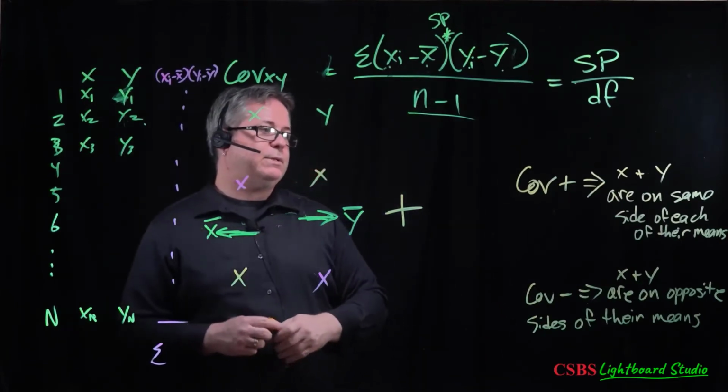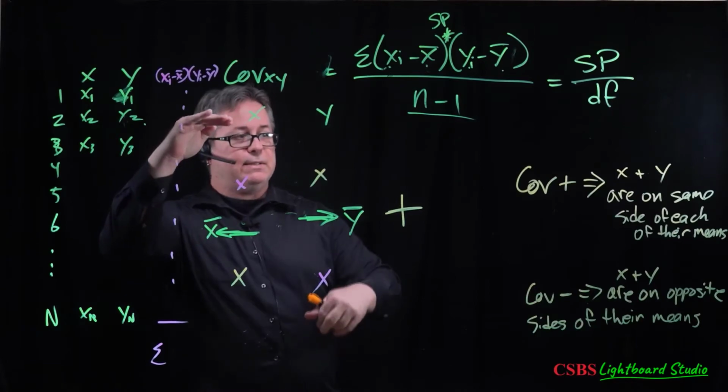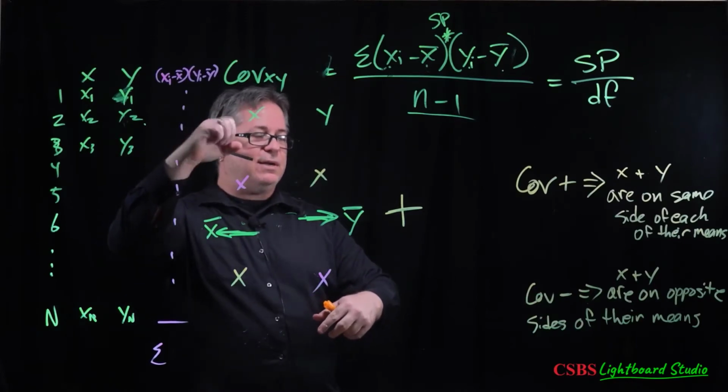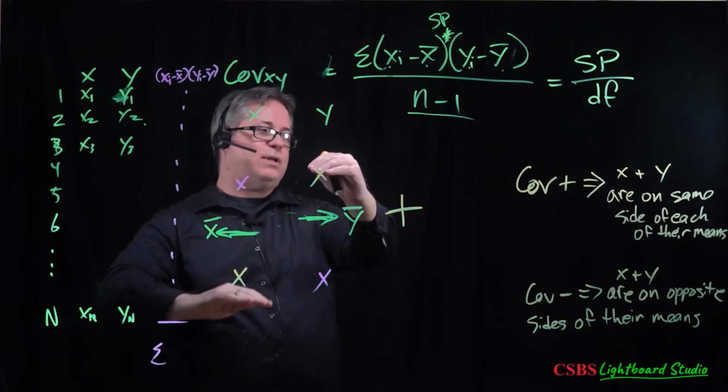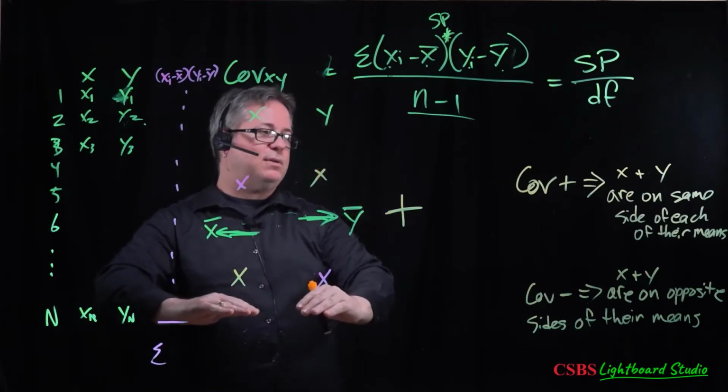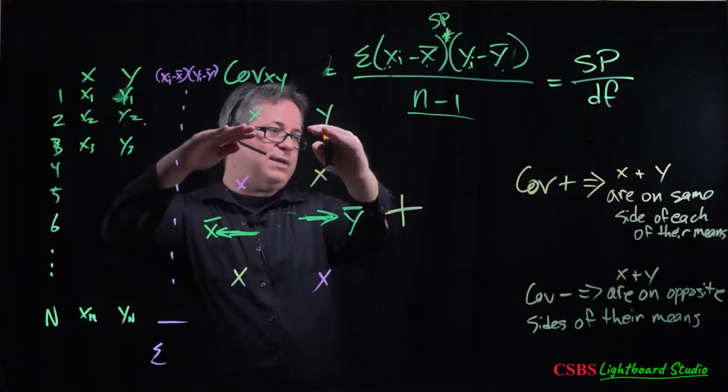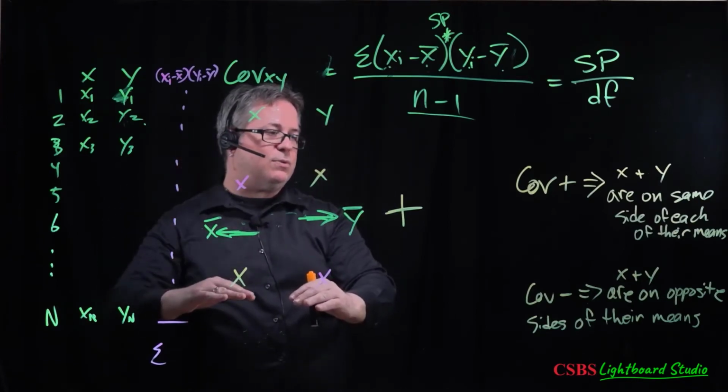With positive covariance, high scores on X tend to go with high scores on Y. Low scores on X tend to go with low scores on Y. High scores on Y tend to go with high scores on X. Vice versa, low scores on Y, low scores on X.